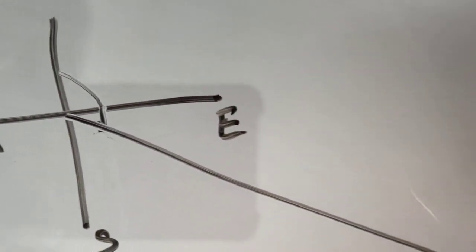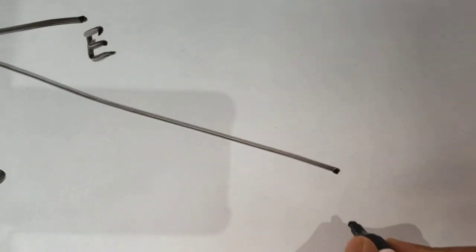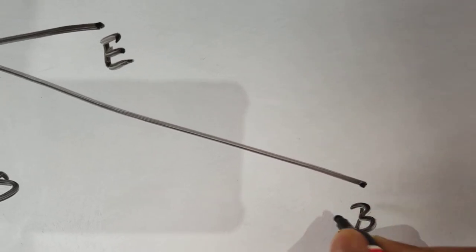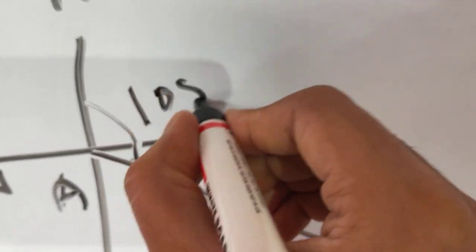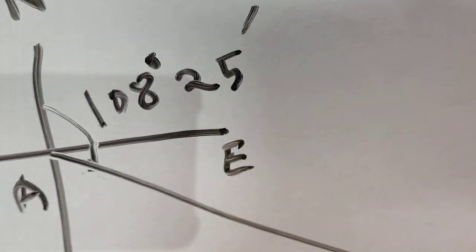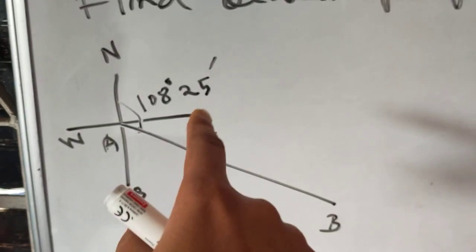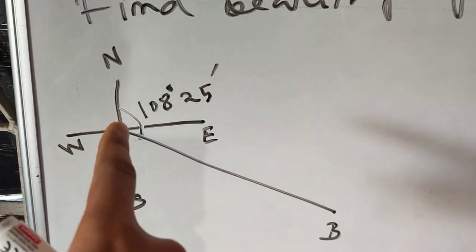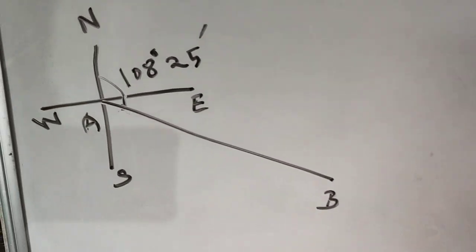So this is your line. If this is point A, then this is your point B. This is your line AB, which is making an angle of 108 degree 25 minutes with the north direction in clockwise direction. Okay.